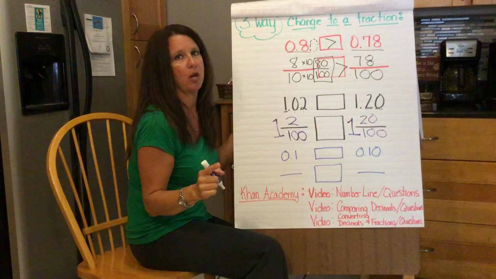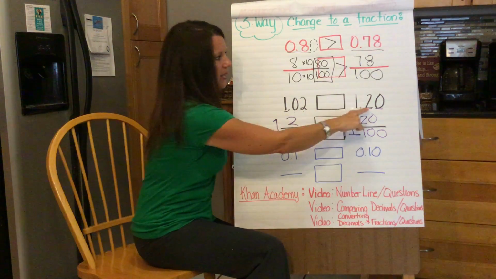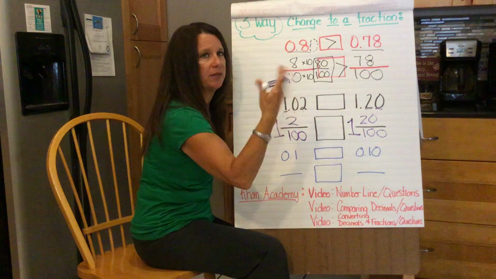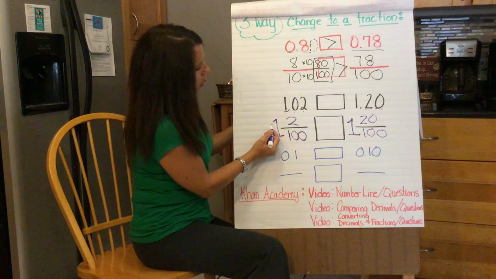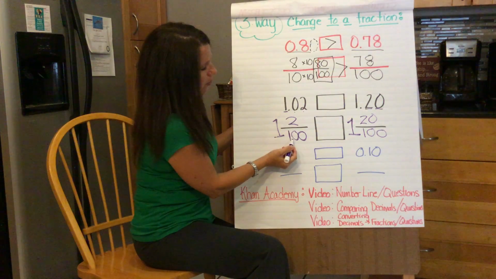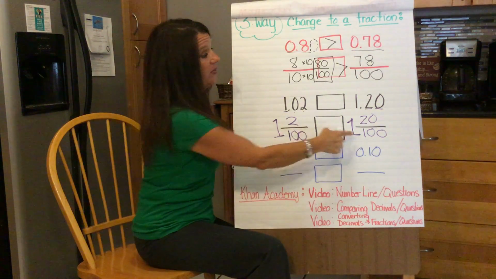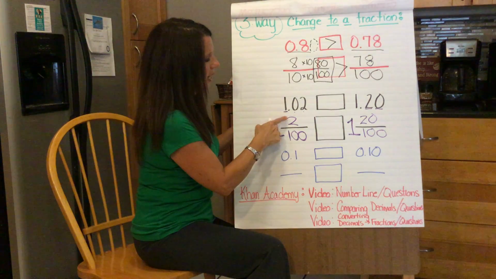So you really got to be careful about where the place value is and where they place that number, because they will try to confuse you by giving you the same exact numbers but in different order, right? So 1 and 2 hundredths, is that greater than, less than, or equal to 1 and 20 hundredths? The ones are the same if you're thinking of that place value chart from the page before. But this is saying I have 2 hundredths.